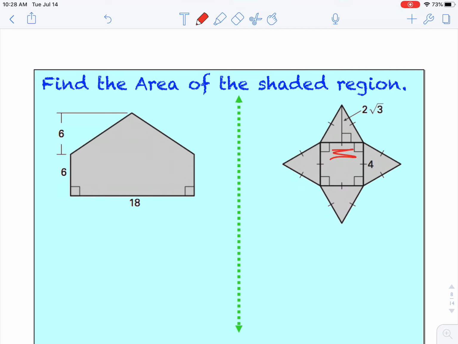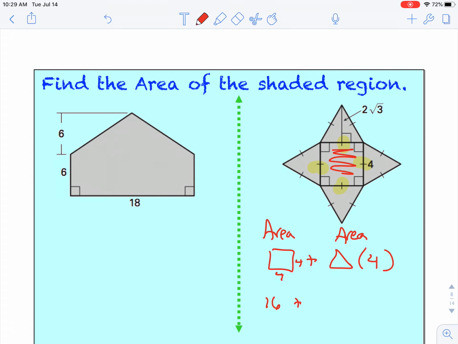Okay, so now again, we have some combined areas. So in other words, this particular shape over here is finding the area of the square and adding it with the triangles, and they're all the same, so times 4. So let's go ahead and calculate the area of the shaded figure. So the area of the square, you can see all the sides are marked the same right here.